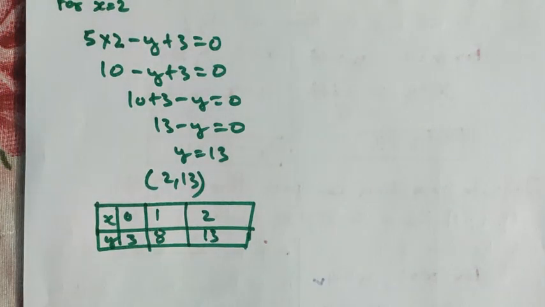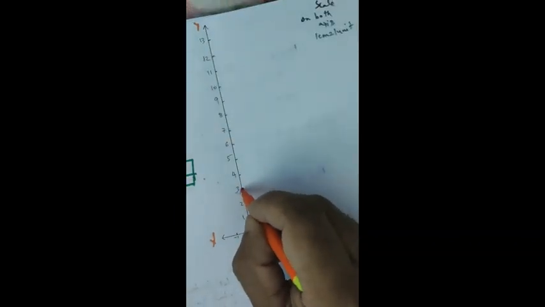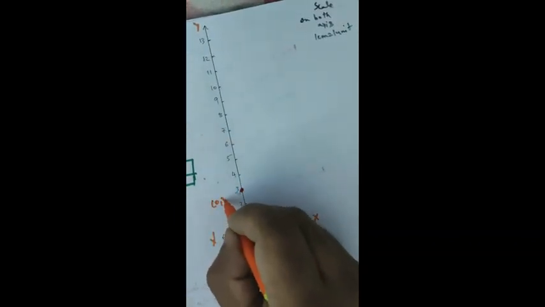Now we will plot the graph. Scale on both the axes: 1 centimeter is equal to 1 unit, and x dash, y dash. First point is 0 comma 3. So that is x 0 and y is 3. It will be on the y axis. This point is 0 comma 3. Second point is 1 comma 8.